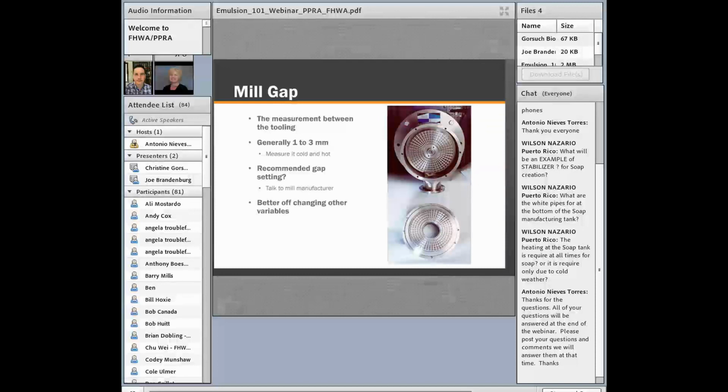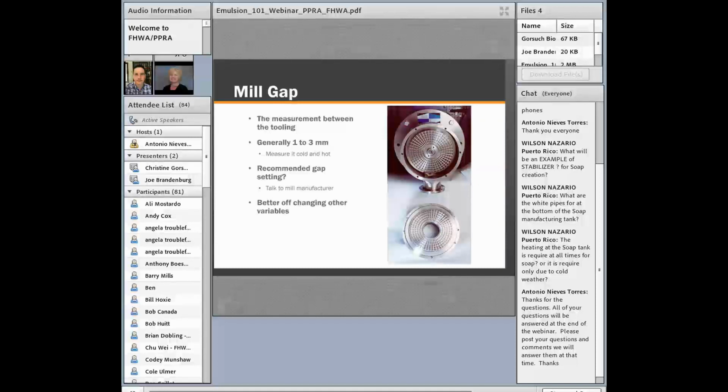The mill gap will vary based on the size of the mill and the manufacturer of the mill. Some mills are easy to adjust, either shortening your mill gap or making it wider. The wider the mill gap, the more you can put through the mill, so more throughput. But it isn't always the best thing for your emulsion.